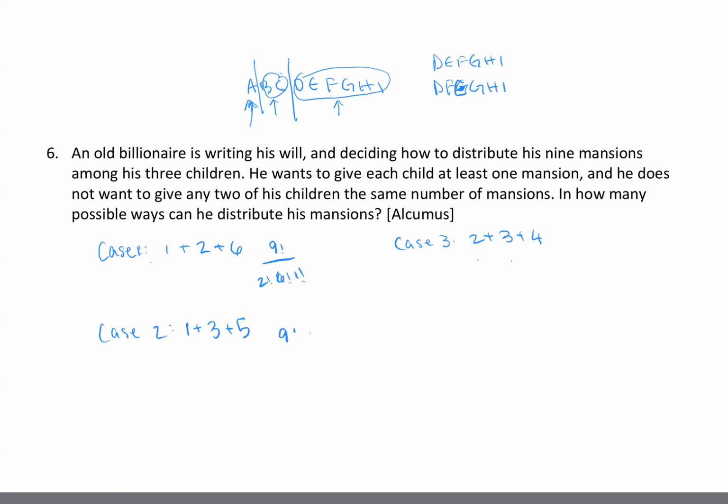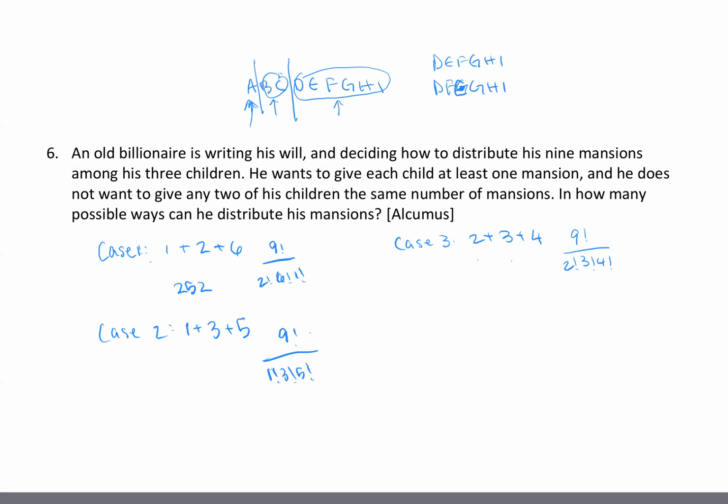And then for the second case, we have, again, 9 factorial ways, divided by 1 factorial times 3 factorial times 5 factorial, right? So you guys see how we did that? And then the third case is 9 factorial over 2 factorial, 3 factorial, and 4 factorial, right? And then when we pull out our calculator again to look at this, let's see, what is it? Okay, so the first one is 252.